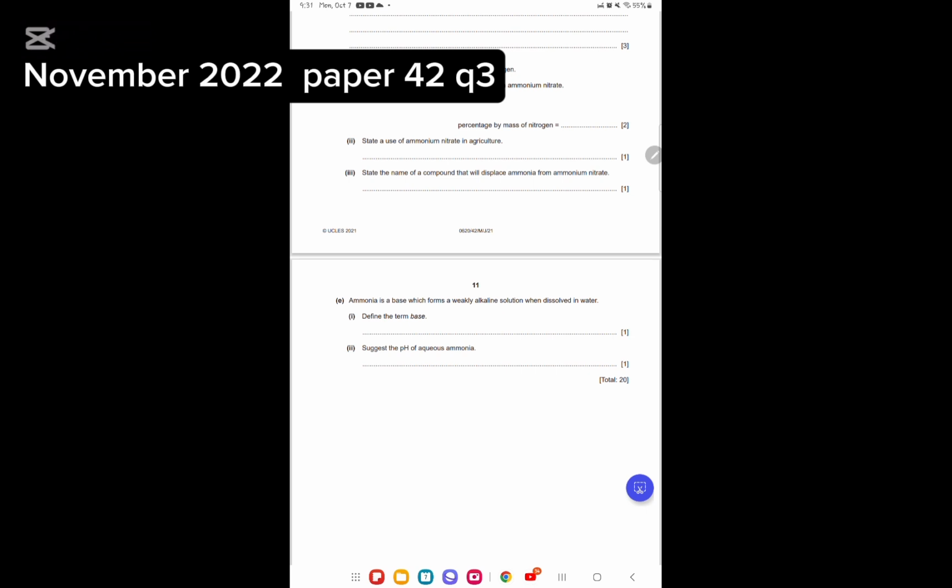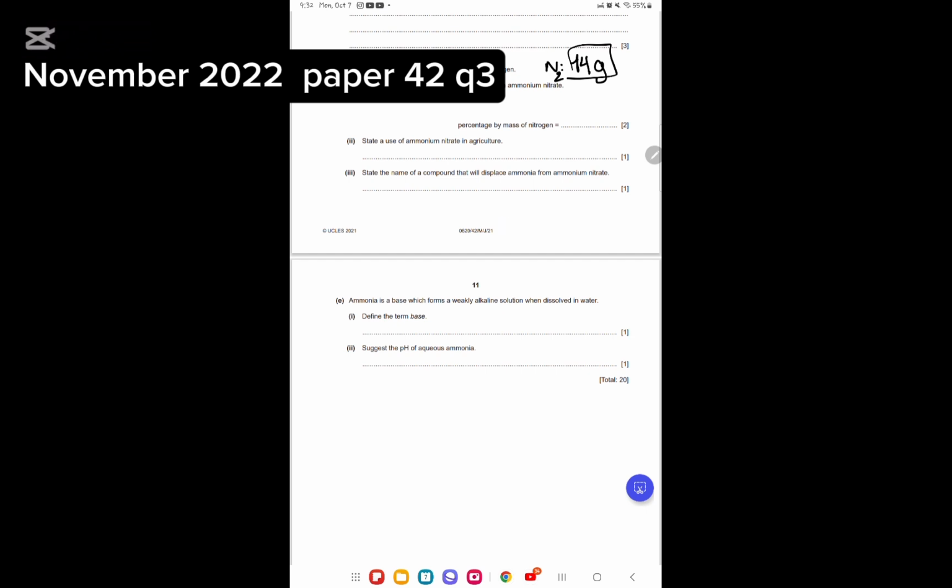So, calculate the percentage by mass of nitrogen in ammonium nitrate. We need the percentage of mass of nitrogen. What is the molar mass of nitrogen? The molar mass of nitrogen is 14 grams. This is the molar mass. And then, let us find the weight of NH4NO3. So the mass of any nitrogen is 14 grams.